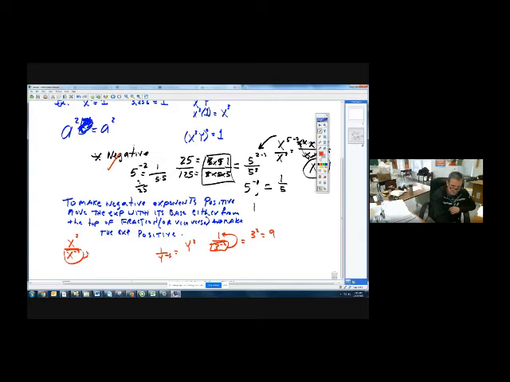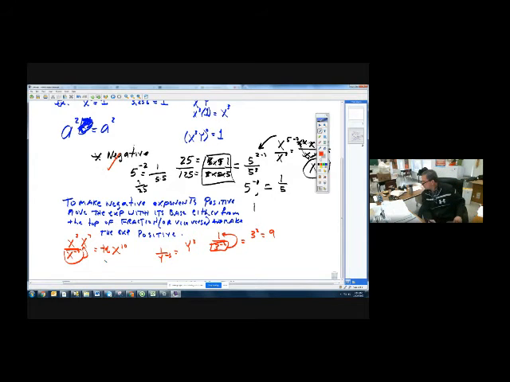So you move the base and its exponent to the top. It becomes x to the positive 7 power, and then you can combine those. x to the third and x to the seventh is x to the 10th power.